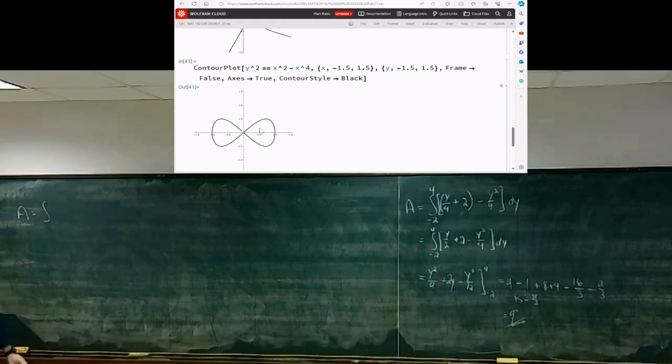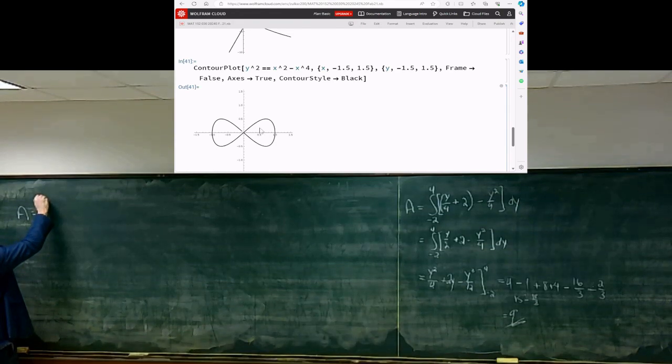So, lower limit for x. Upper limit. 1. It's 1.